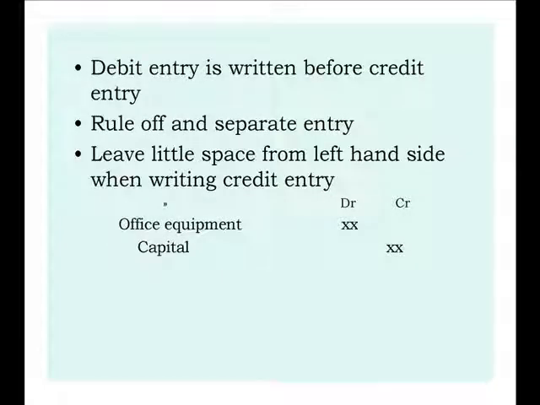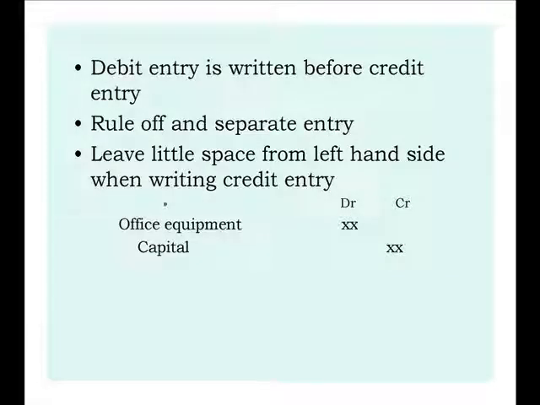Then the rule of separate entries. Make the first entry and separate it by a horizontal rule or line, and then start the second journal entry, and then a horizontal line, then the third entry. That's the way it is done. And leave a little space from the left-hand side when writing the credit entry.